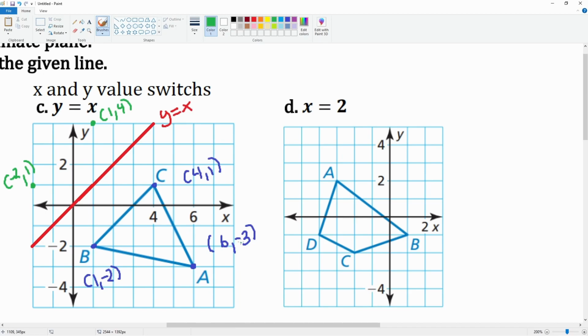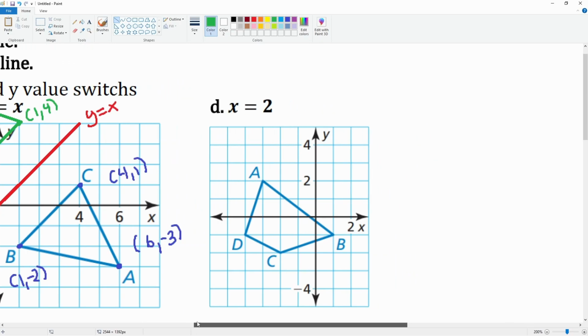And the next one would be negative 3, comma 6. 1, 2, 3. 1, 2, 3, 4, 5, 6. Okay, this is negative 3, comma 6. Notice all the x and y values switch. Okay, let me just now connect this neatly. Right, and that would be a perfect reflection over y equals x.